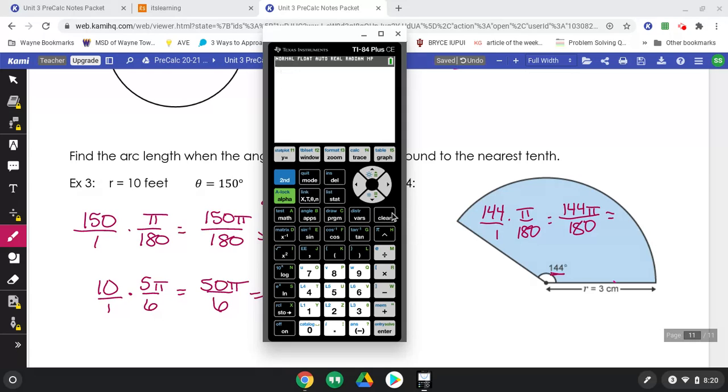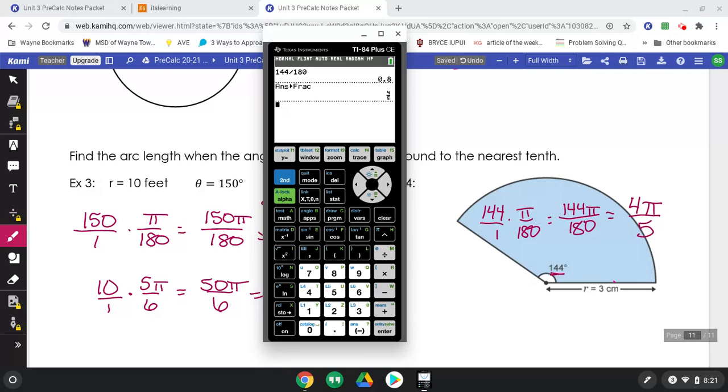We're just reducing it and keeping the pi as is. 144 divided by 180. Let's change that over into a fraction. Math, enter and enter. 4 over 5, which means my radian value would be 4 pi over 5.